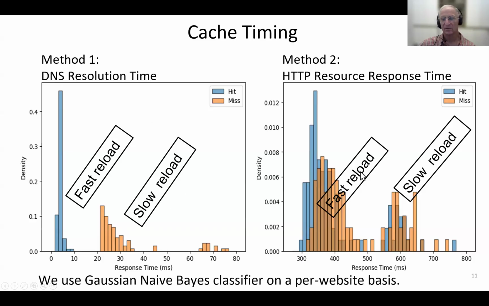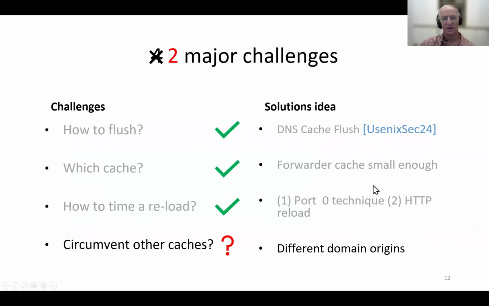We'll see the results later. And the HTTP also gives us a good distinction, not as good as the direct DNS, but using the Gaussian Naive Bayes based classifier, we can infer whether it is the fast or slow reload with pretty good accuracy. So that's how we did the timing of the reload.